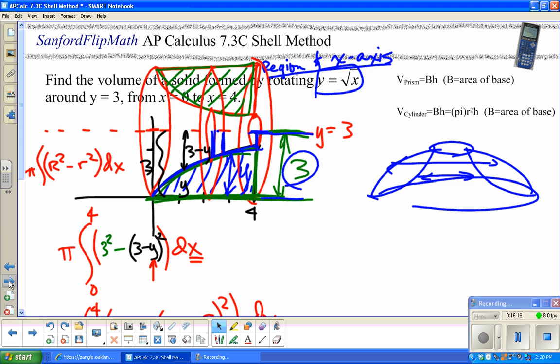And I think I'm going to look at maybe one more. And we're going to, again, revisit this problem. Same idea, and this time we're talking about rotating this bottom chunk around y equals 2, and this is going to be kind of like the very first example we did because, well, actually more like the one we just did.